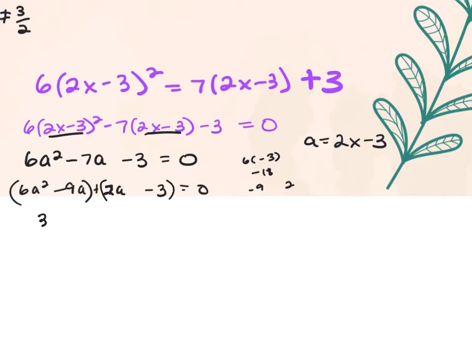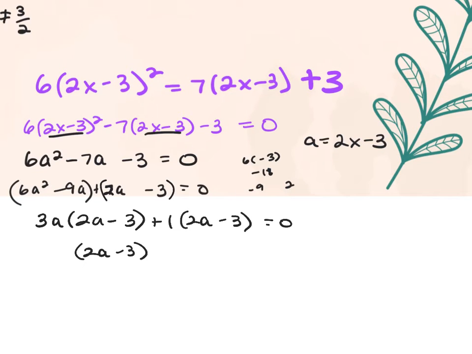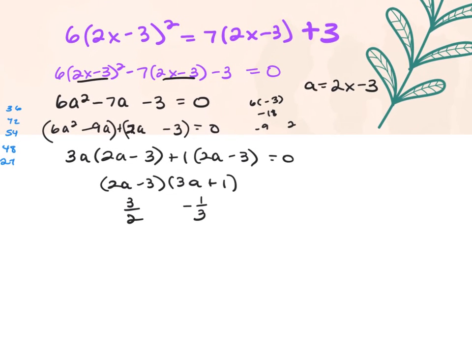This becomes 3a(2a minus 3) plus 1(2a minus 3), and I get 2a minus 3 and 3a plus 1. So 3/2 and negative 1/3. Now those are your a's, right? Not your x values.